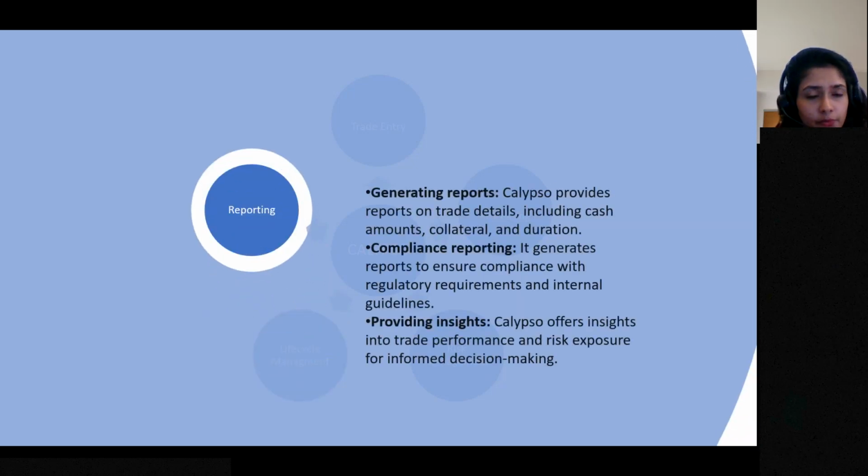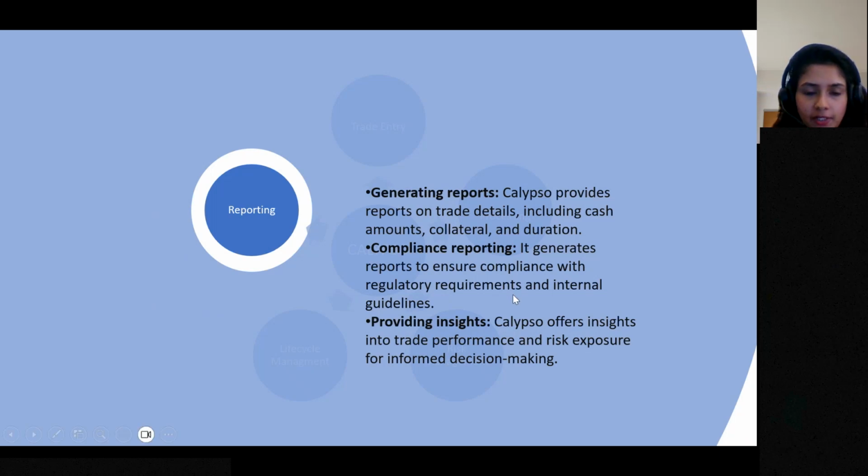What does reporting do? At the end, after everything has been done, as I said before, the market needs to know the transactions have been settled correctly and that nobody has cheated any one of them. So we have to generate the reports. We have to give all the details, trade details, including the securities involved, which is the collateral, the cash amounts, the duration, everything.